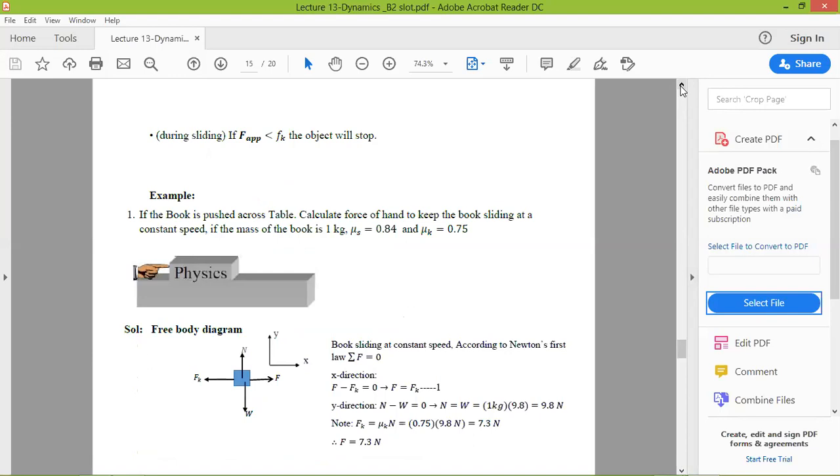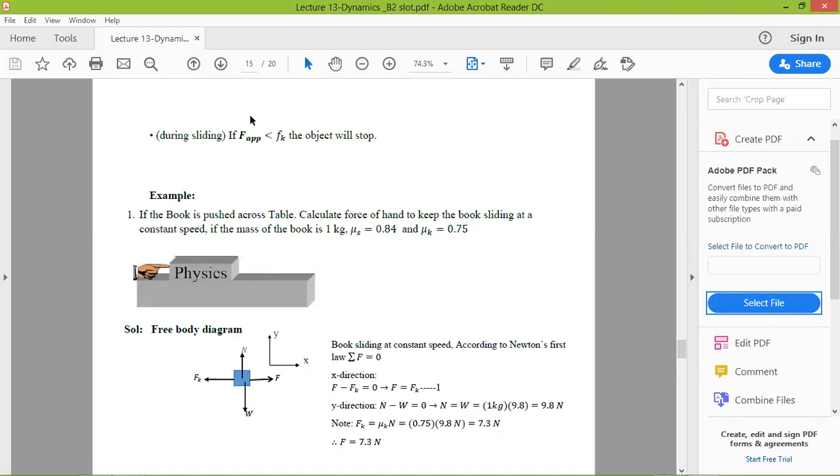During sliding, if the object is moving and the applied force becomes less than the friction force, the object will eventually stop, because, as I said, the friction force always tries to oppose the motion.